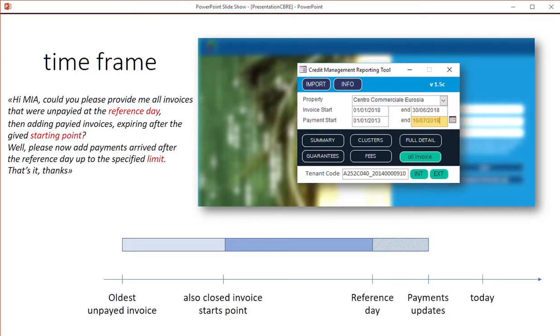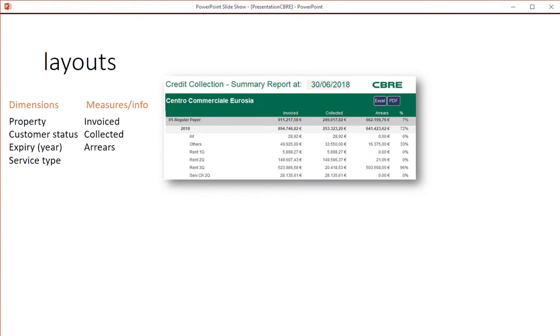Now, having this done, it is about layouts. The layout is basically in terms of dimension analysis, measures and information that are available.